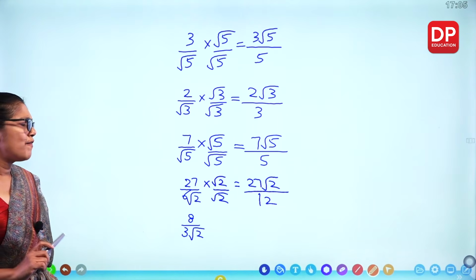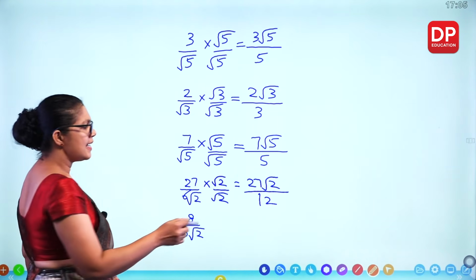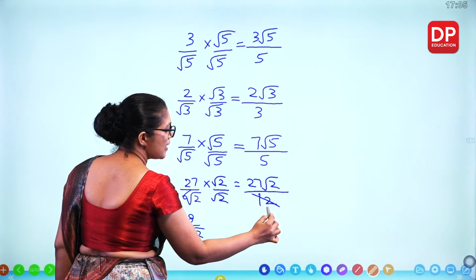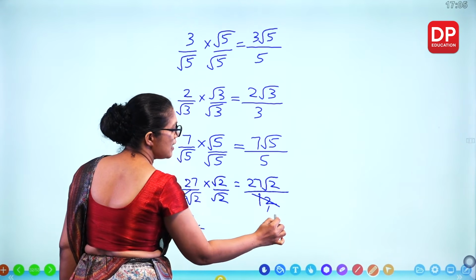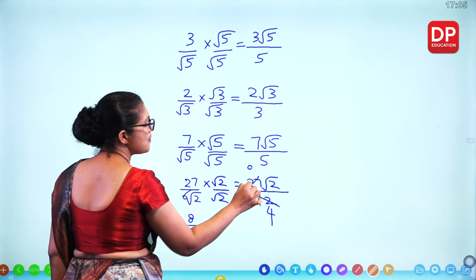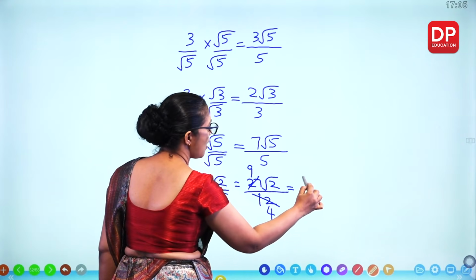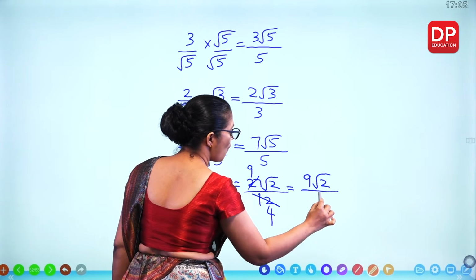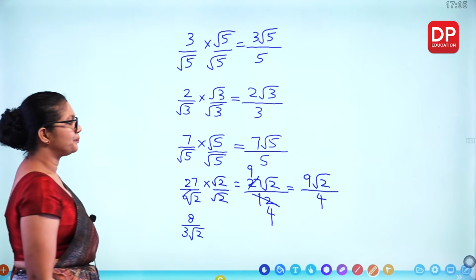Can you simplify further? I can see you can simplify these two numbers by 3. You can divide by 3. 3 times 4, 3 times 9. And you can write down the answer as 9 root 2 over 4.